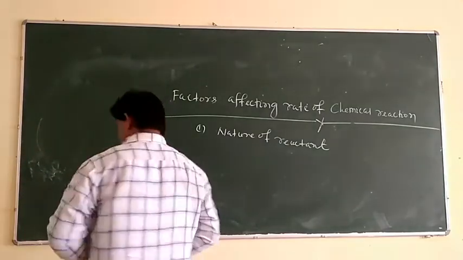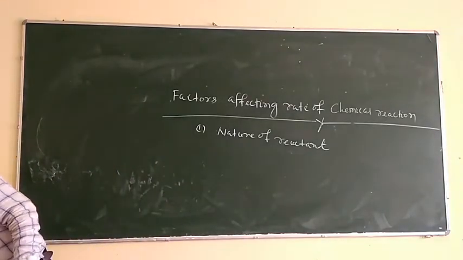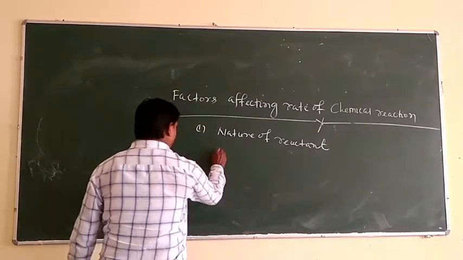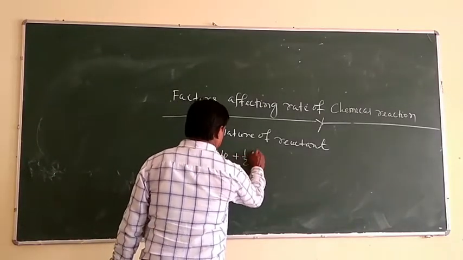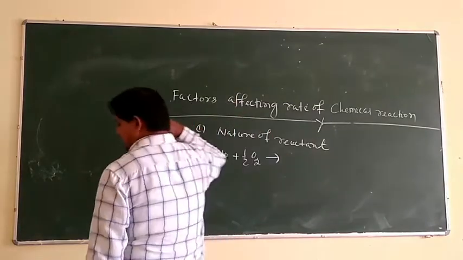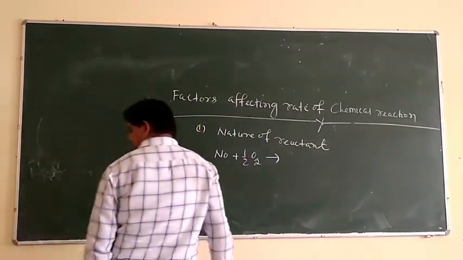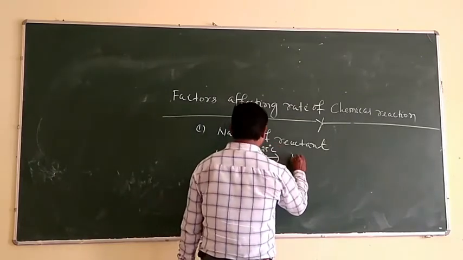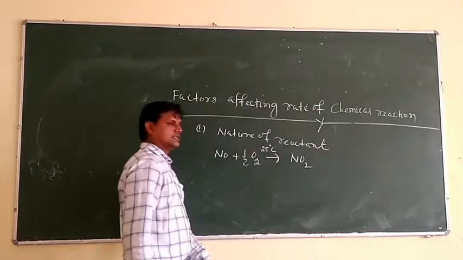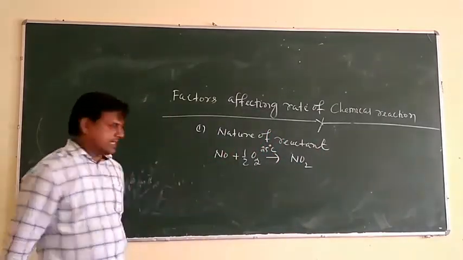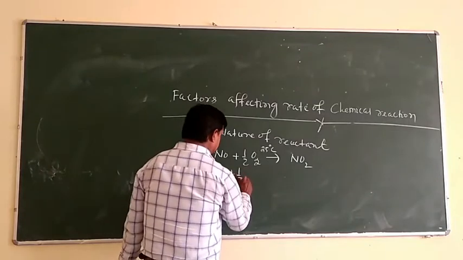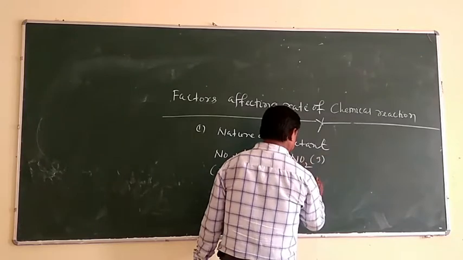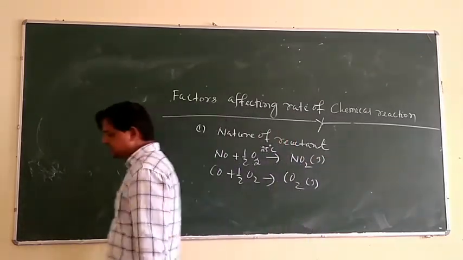For example, let us consider the reaction NO plus half O2 at 25 degree centigrade gives NO2. Similar type of chemical reaction: CO plus half O2 gives CO2. All are gases.